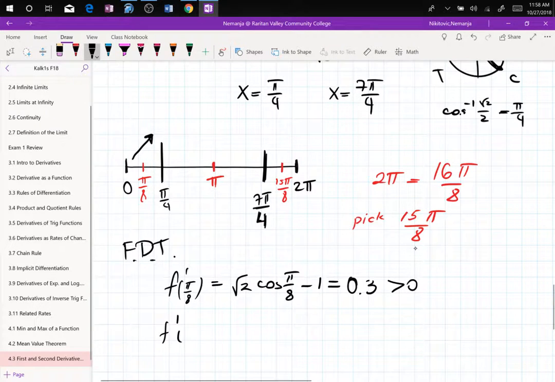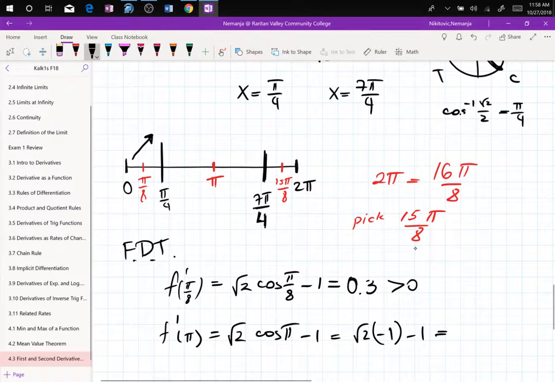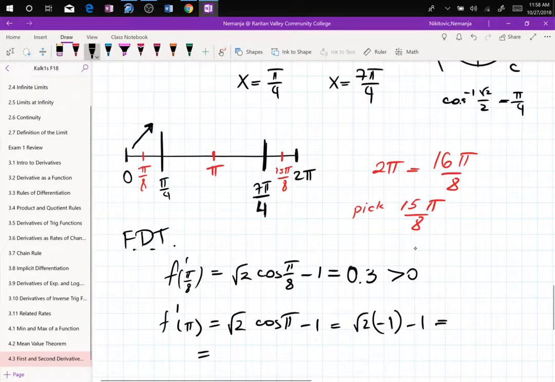Now f prime calculated at pi is root 2 cosine pi minus 1. Cosine of pi is negative 1, so I have root 2 times negative 1 minus 1, which is equal to negative root 2 minus 1. I don't care what this is.